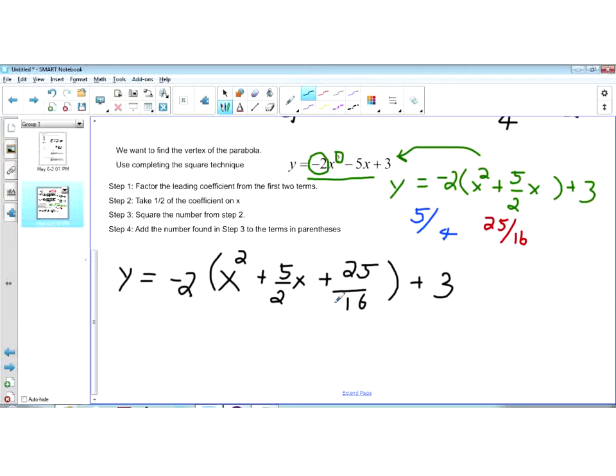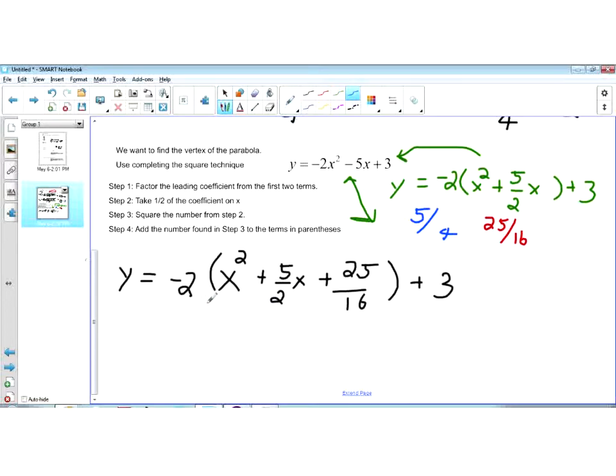Now, the issue that has arisen is that when we add this 25/16, we no longer have the original equation, right? These two equations are no longer the same. So how do we make them the same?